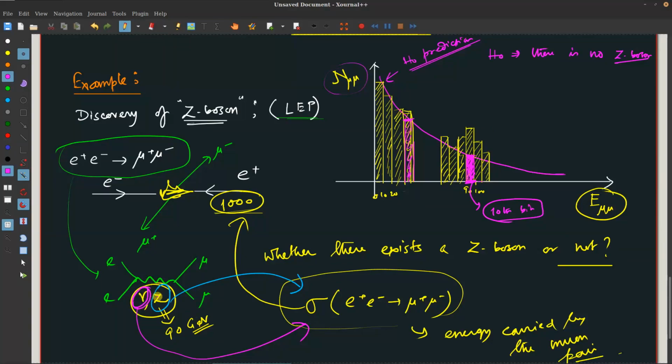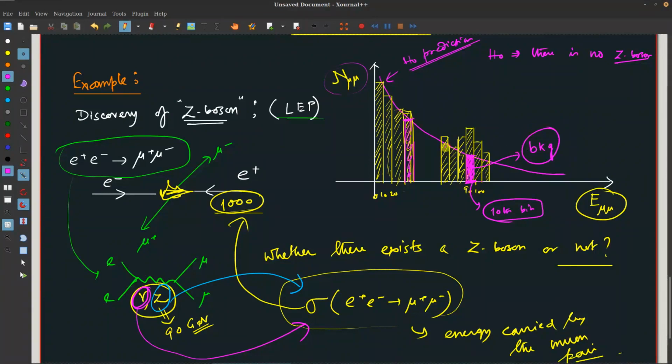And you want to quantify the severity of this disagreement, okay? Like how significant is this bump over here compared to this thing. Traditionally, this purple thing is called the background, which I will write as BKG in small. So this is my background, okay?